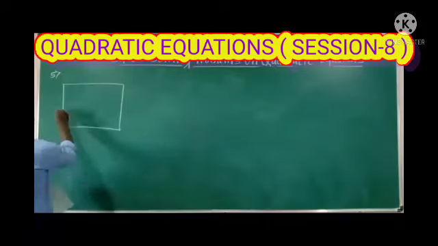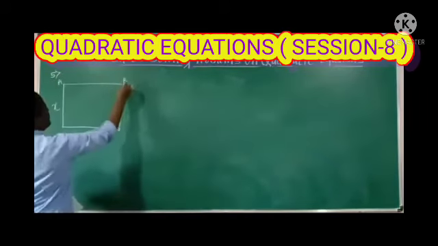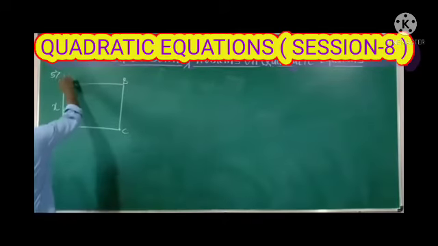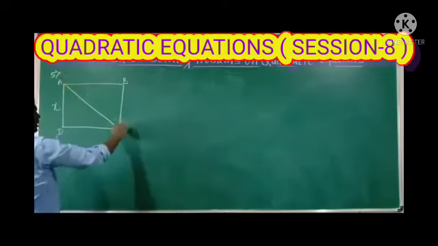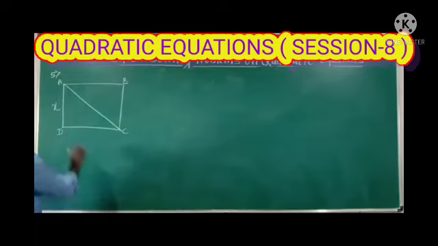So this is the shortest side. We are considering A, B, C and D. In that, you can take the shortest side as either BC or AD. The shortest side is x.